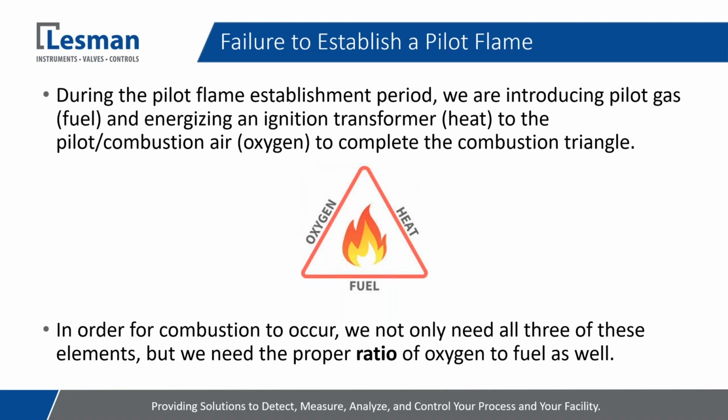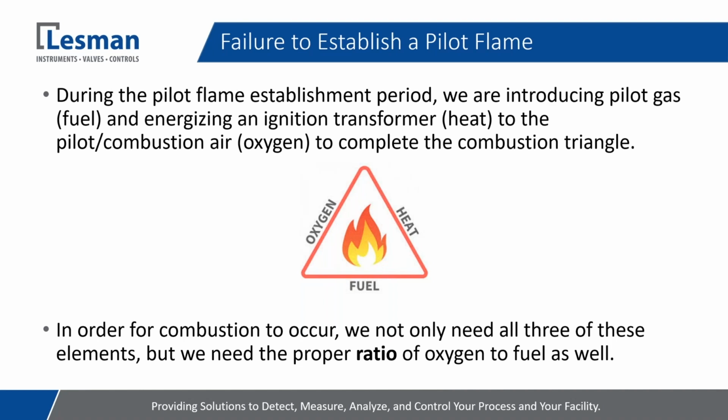We have oxygen, heat, and fuel, which all need to be present for combustion to occur. In a traditional industrial burner application, your oxygen is present in the combustion airflow that you're bringing into the burner, and your fuel is going to be either natural gas, propane, butane, or any other number of fuels.